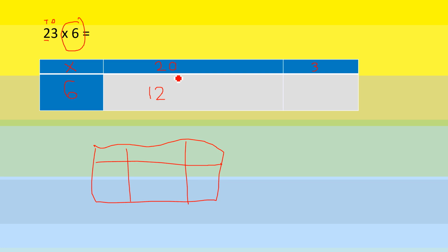I'm then going to add that 0 back on because we know it's a multiple of 10. So 6 multiplied by 20, or 20 times 6, equals 120. Then I'm going to fill in this box here. 6 times 3 is 18. We are then going to add these numbers together. 120 add 18.